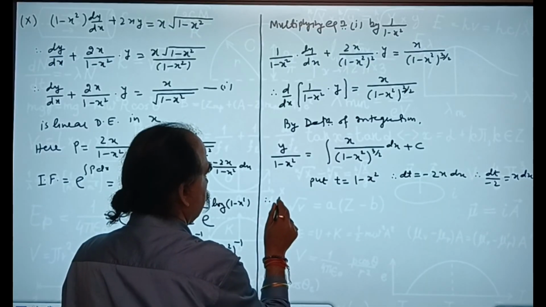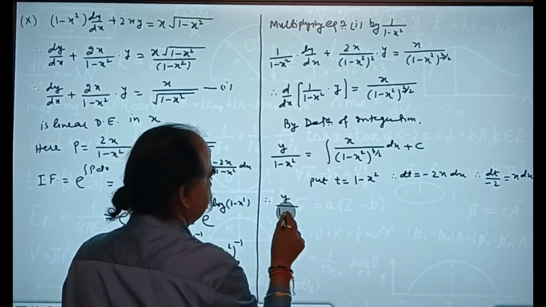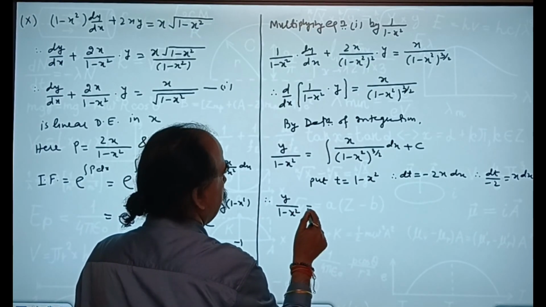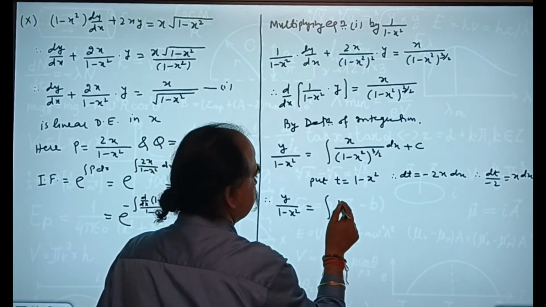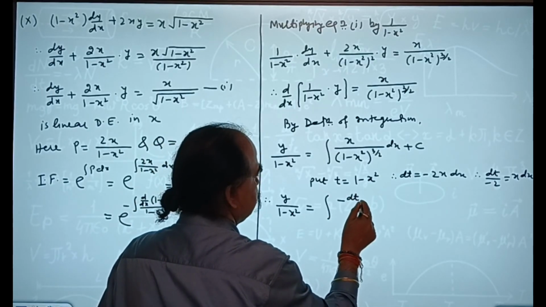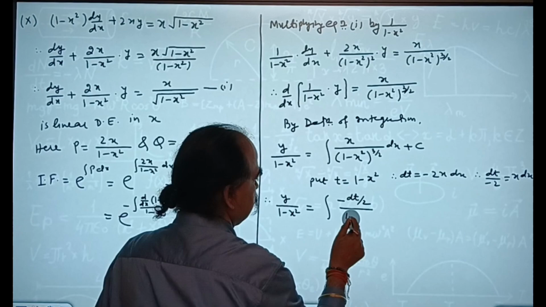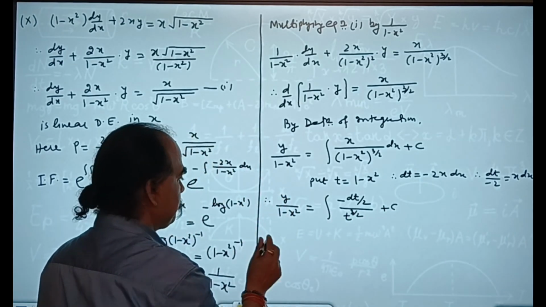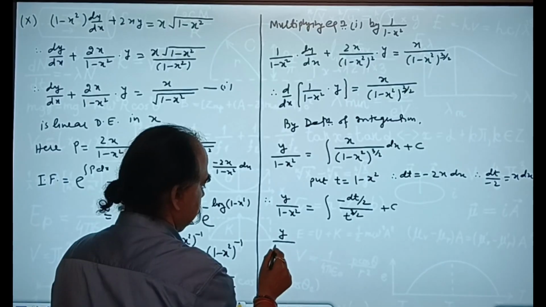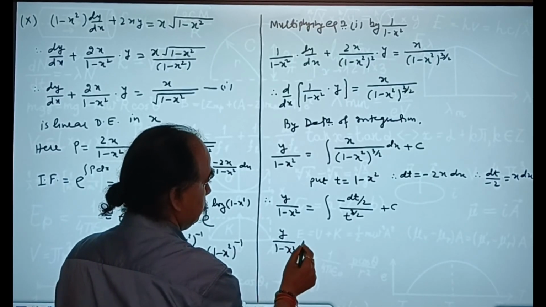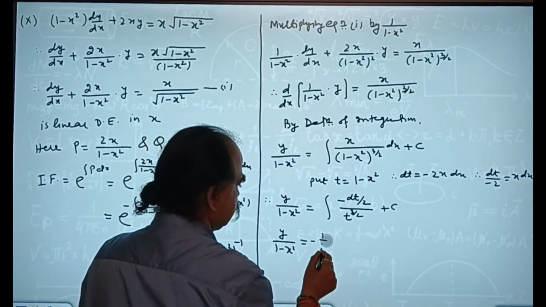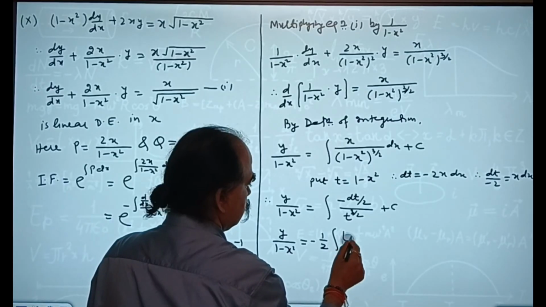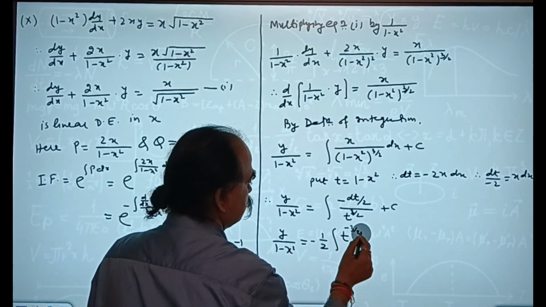So y upon 1 minus x square is equal to minus dt upon 2 divided by t raised to 3 by 2 plus c. Minus 1 by 2 t raised to minus 3 by 2.